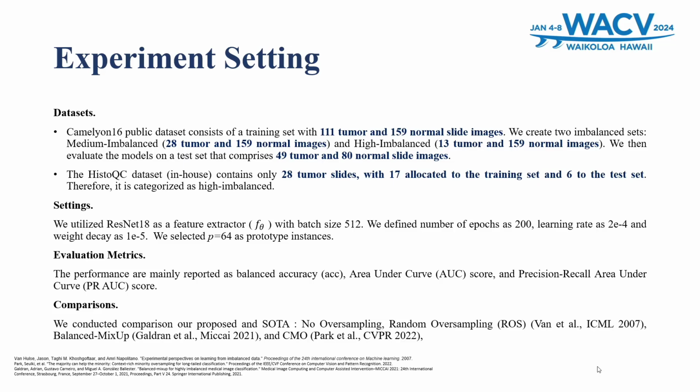It is allocated 17 for training and 6 for the testing set. For the experiment setting, we utilize ResNet-18 as the feature extractor with batch size 512, and we define the number of epochs around 200. Learning rate and weight decay are 2e-4 and 1e-5.